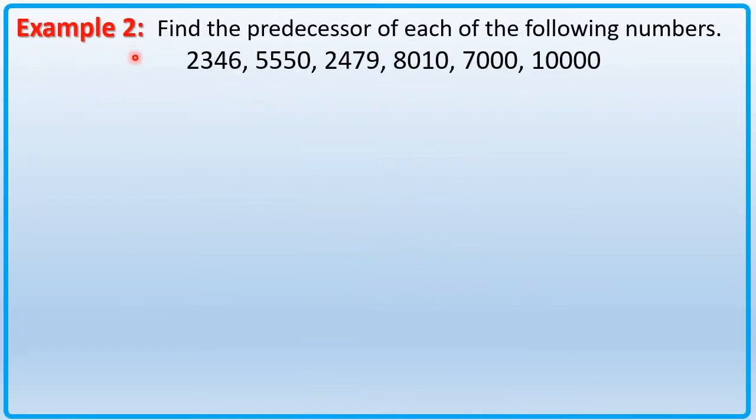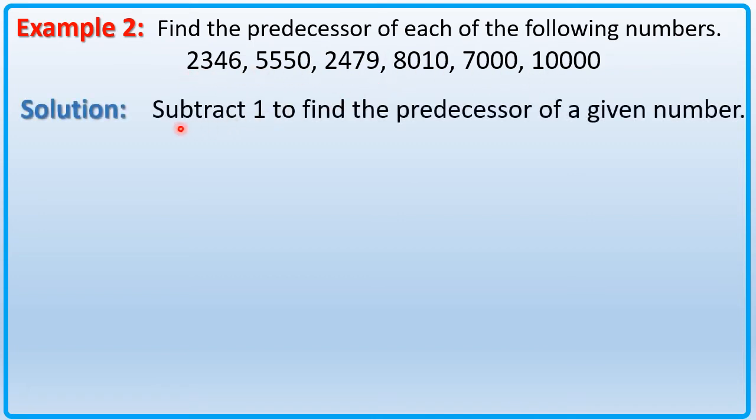Example number 2. Find the predecessor of each of the following numbers. We have to find the predecessors of these numbers. Subtract 1 to find predecessor of a given number. 2346 is the given number and we are subtracting 1 from it to obtain predecessor of this number.